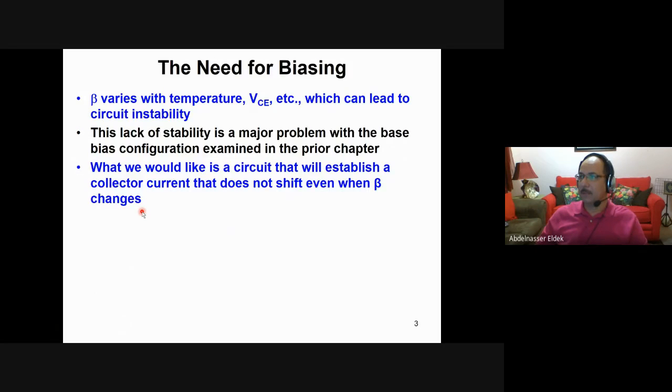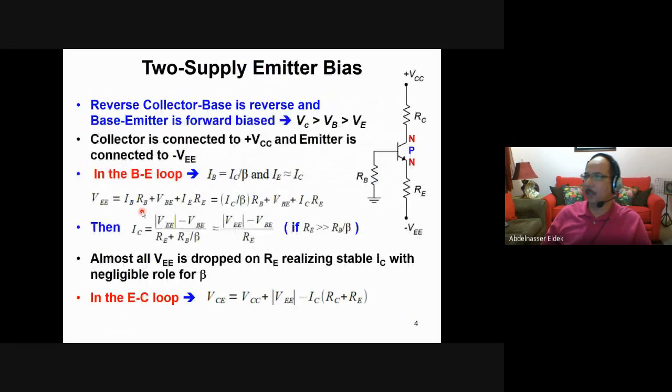So the first method here is called two supply emitter bias, where we have a positive voltage connected to the collector and negative voltage connected to the emitter, positive VCC and negative VEE. Okay, and the base is connected to the ground, as you can see here.